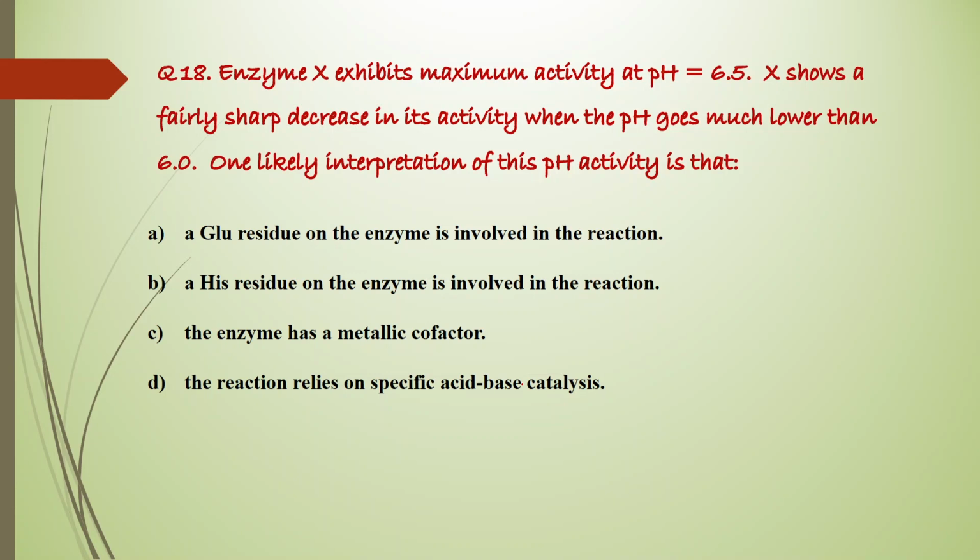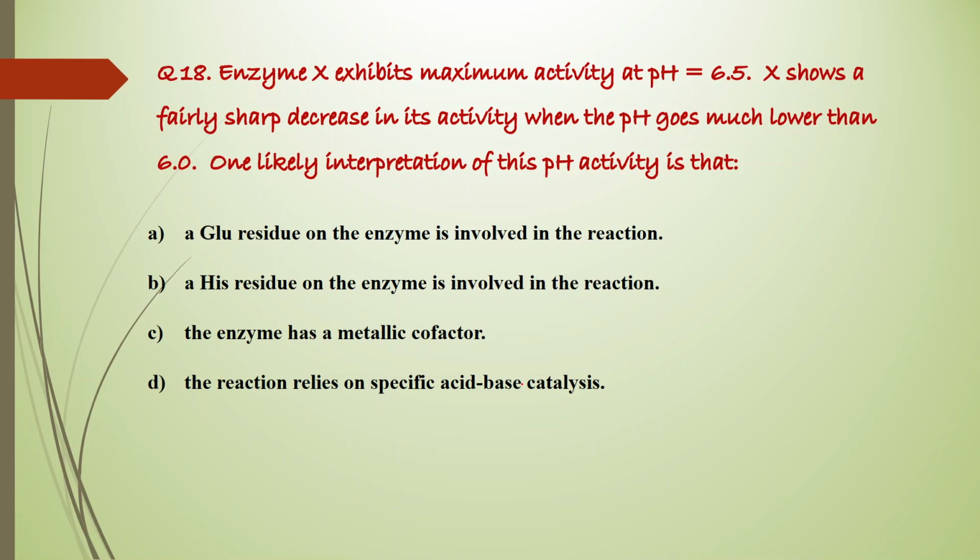So there is some enzyme X, we don't know, but it has its maximum activity at pH 6.5. Whenever you lower the pH below 6, its activity gets hampered. So what can we say from this? There are 4 options. What can we choose? I will give you 10 to 15 seconds to consider the options.